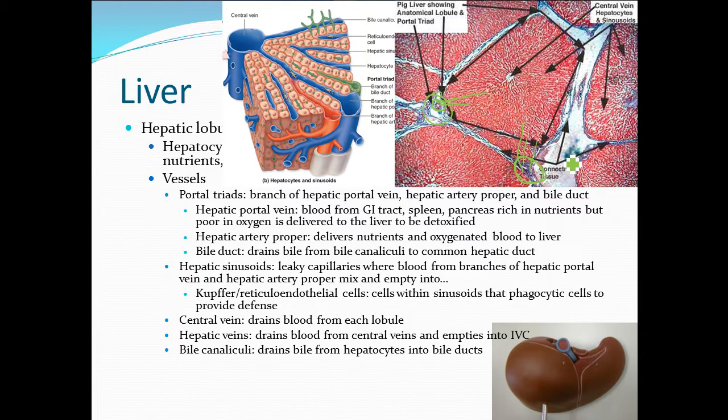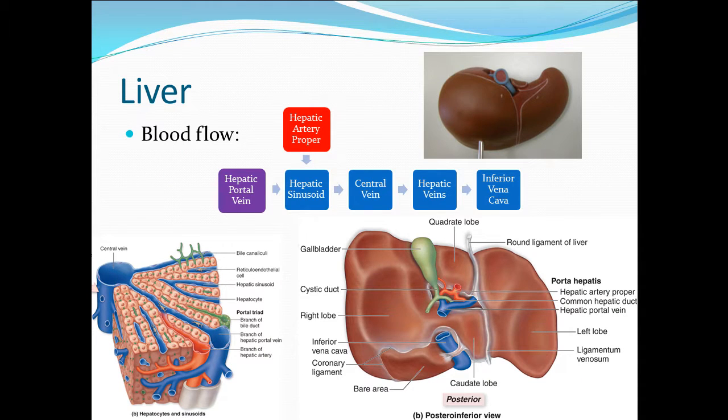So for blood flow to the liver, we have blood coming in from the hepatic portal vein and also the hepatic artery proper. They go into the hepatic sinusoids, going into the central vein. And from the central veins, they collect into the hepatic veins here, into the inferior vena cava.